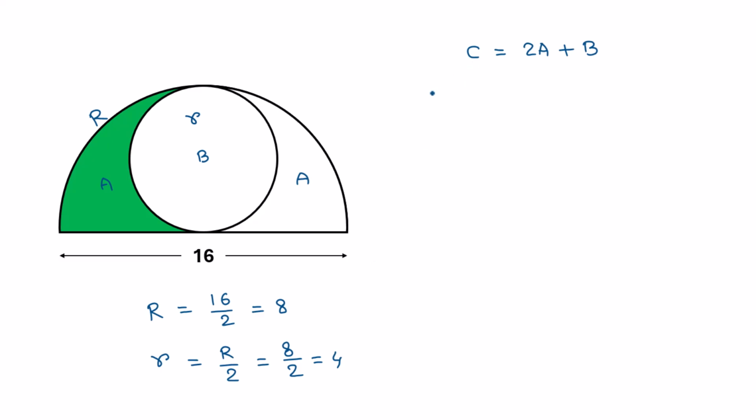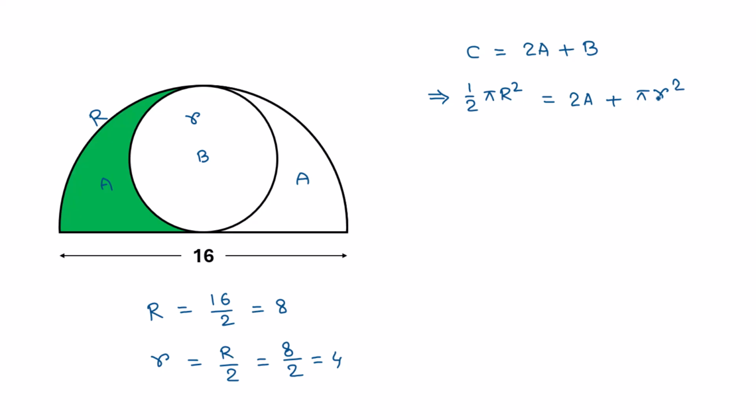Now in this expression, the area of this big semicircle will be 1 over 2 times pi R square, because this is the semicircle, so the area of the full circle divided by 2 is equal to twice A plus B, that means the area of this small circle, and its area will be pi times r square.